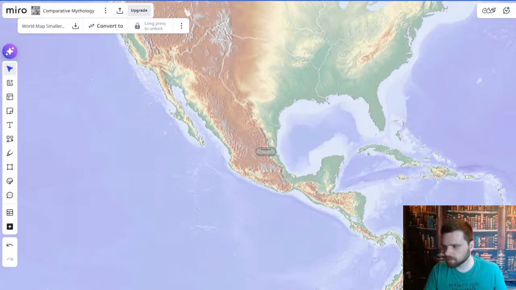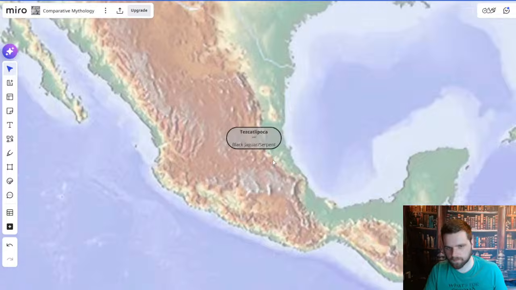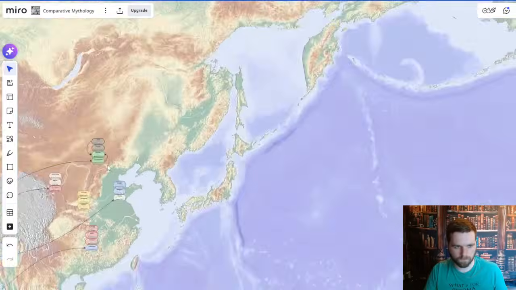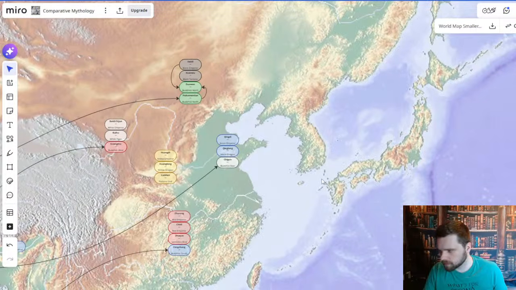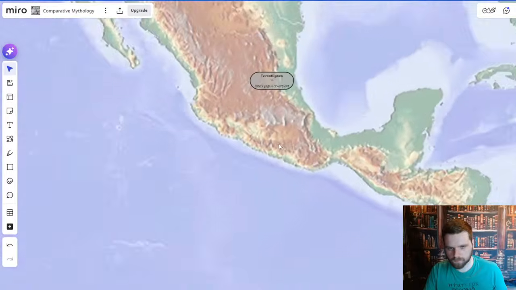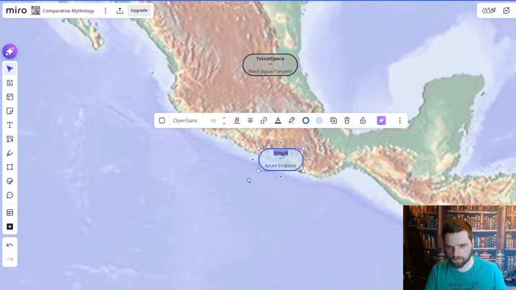So I think the second one I have is Huitzilopochtli, which is south. South is colored blue. And he is the eagle.